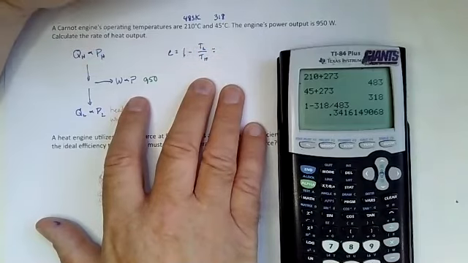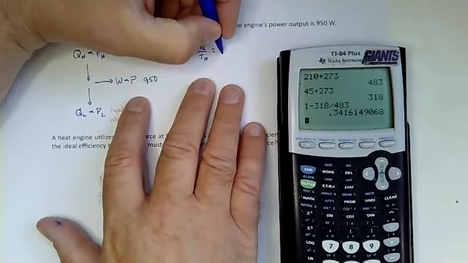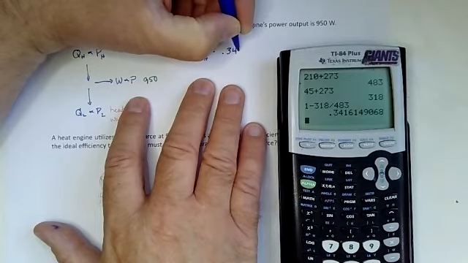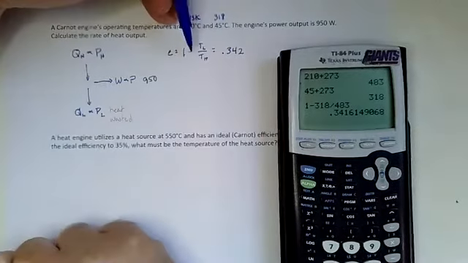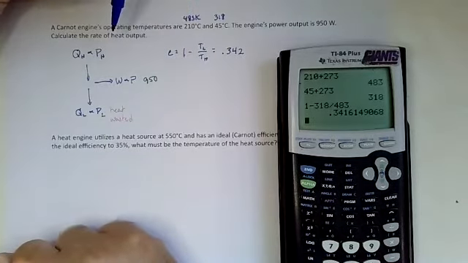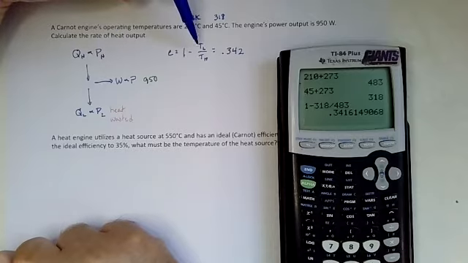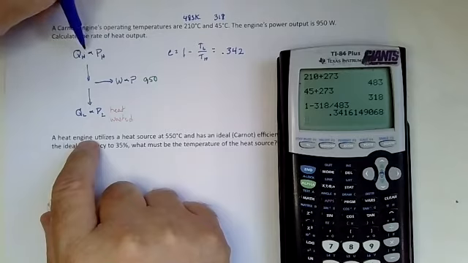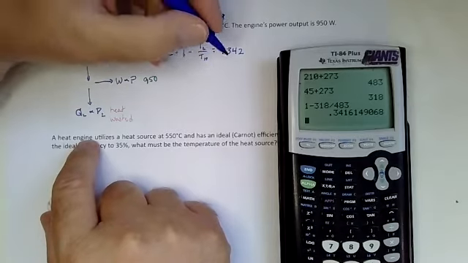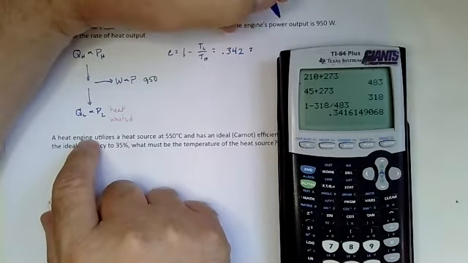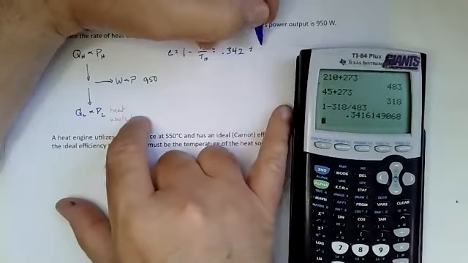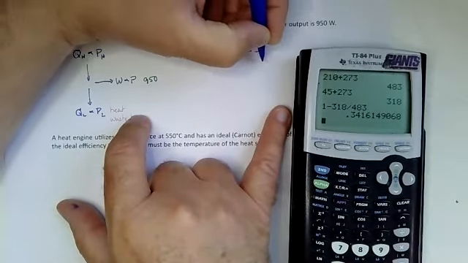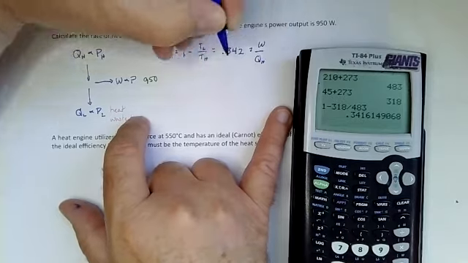So 34%. I'm going to carry one more extra significant digit here. Okay, so that's our efficiency. And so that's the ratio, 950 here, equal to the work done compared to QH.